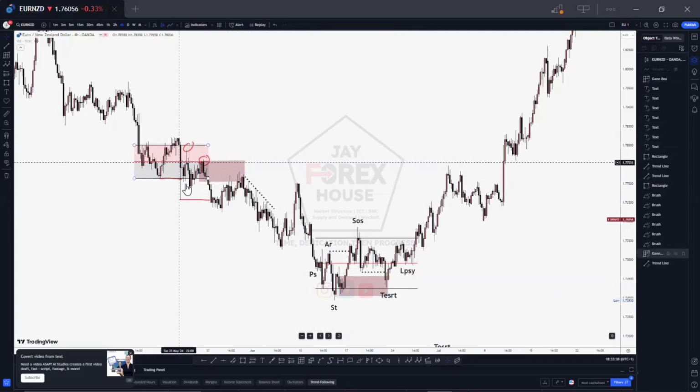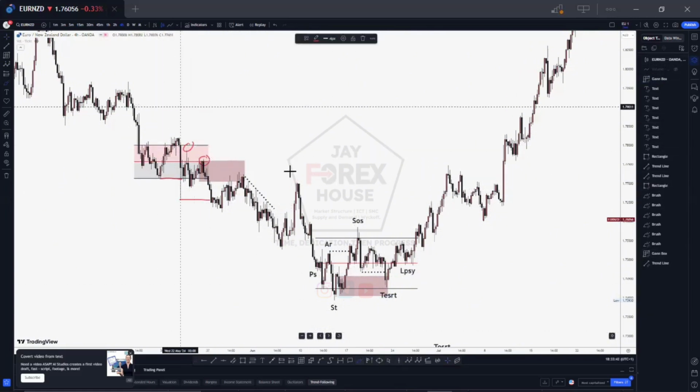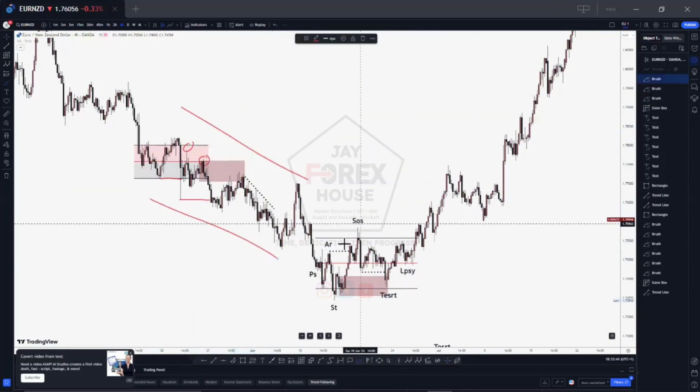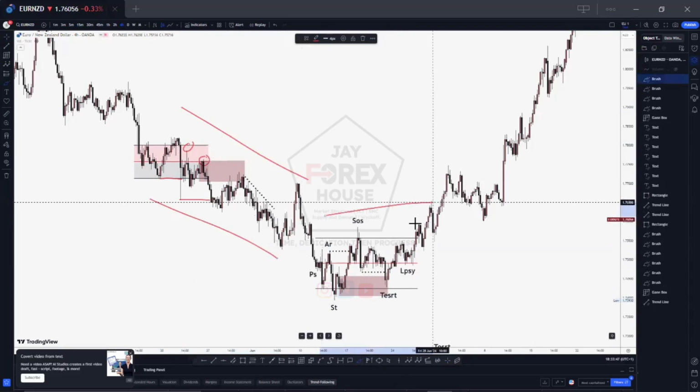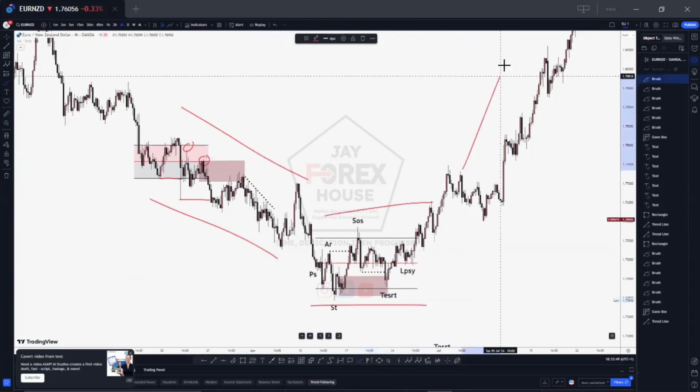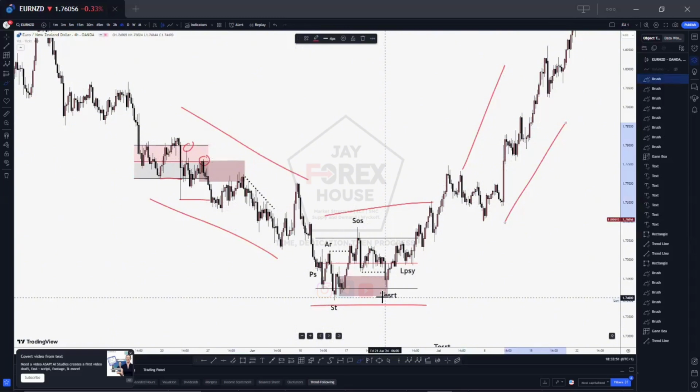Then I gave you the insight of the follow-up from the markdown, because on the phases, this would be a markdown on the higher time frame, an accumulation, then a markup. So this is clearly an accumulation.